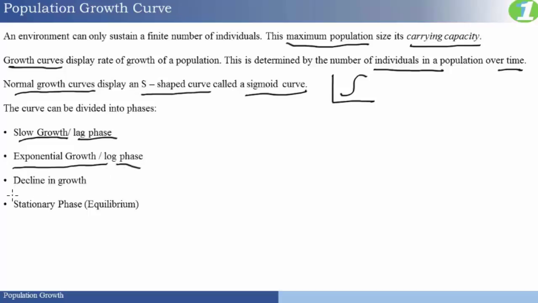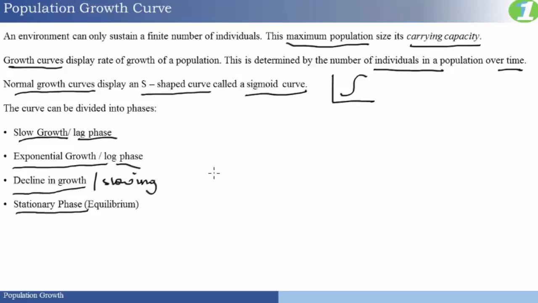Then we have a period where growth is declining or it is slowing, right? So growth may or may not be occurring. And then we have the stationary phase, where it's almost as if there is no further growth, and so the curve neither increases nor decreases, it just continues on a straight plane.